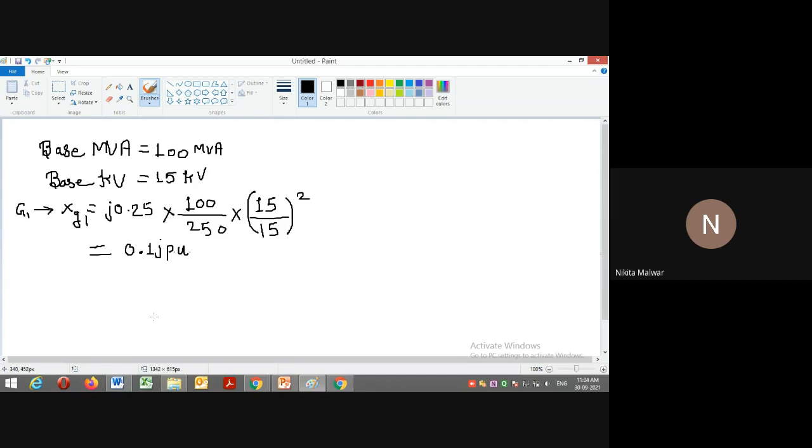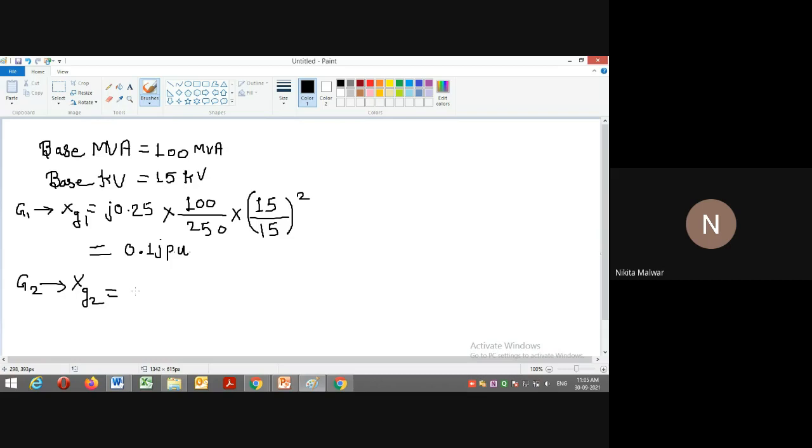Within a limited time. So let us find out for the generator G2. Solve this by putting Xg2. Put all the values given and considered. So tell me the reactance value given for generator G2. What is the reactance value?